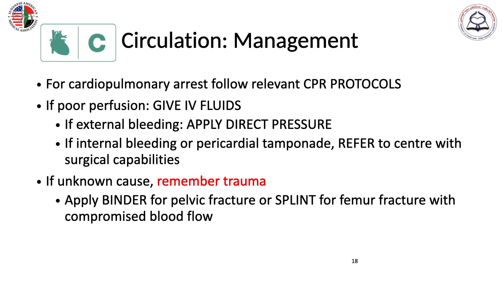If it is hemothorax, you need to place a chest tube. If unknown cause, remember trauma. In pelvic fracture, you can apply pelvic binder. And also for femoral fracture, you can put a splint in the femur.